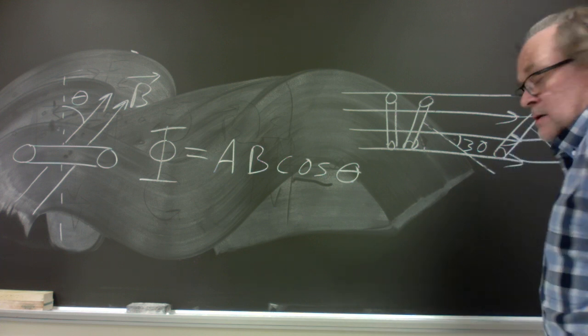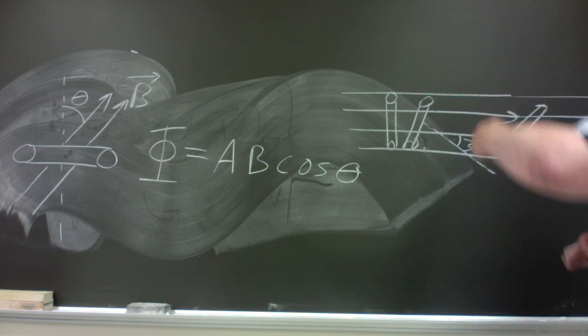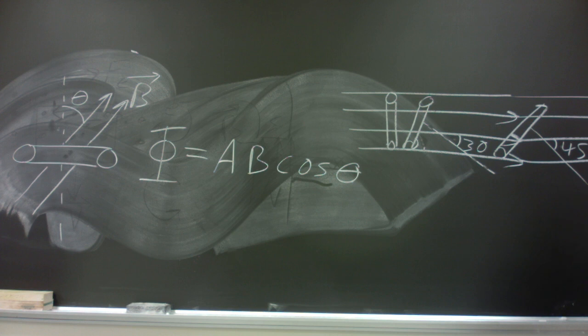There's the axis of the loop, and now the angle between the axis and the direction of the field is 45 degrees. And then it rotates some more so that now there's the loop, there's the axis, and the angle between the axis and the field direction is 90 degrees.